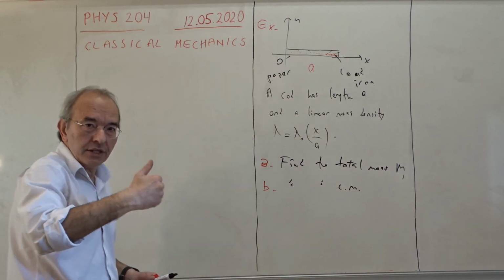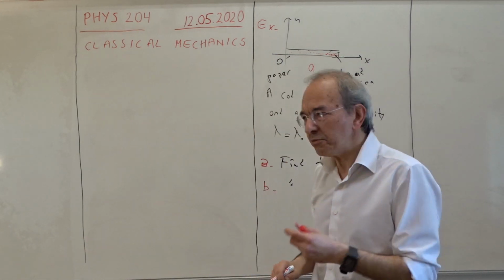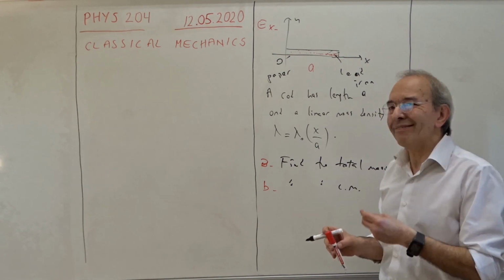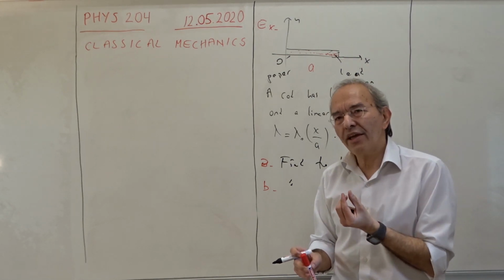Again, we divide it into small pieces, not strips, because this is already a one-dimensional object, but we will divide it into very small pieces of length dx.